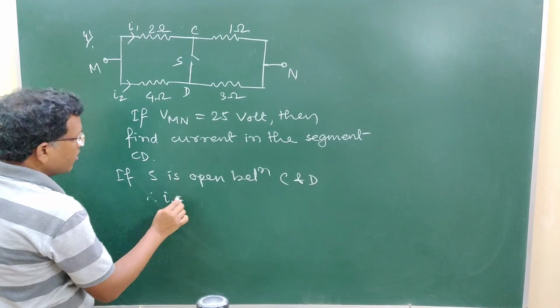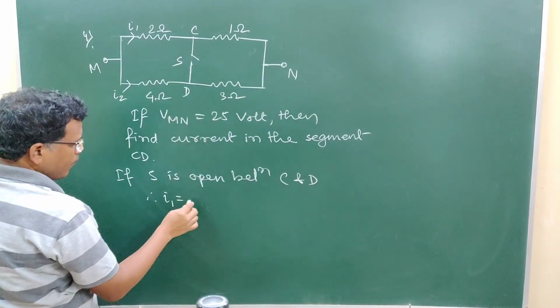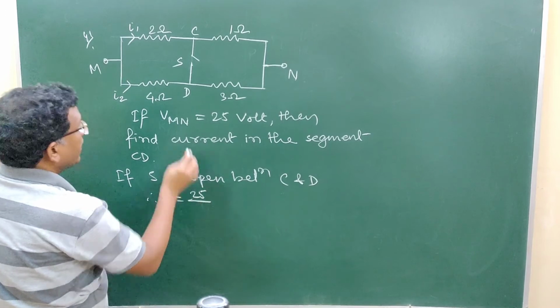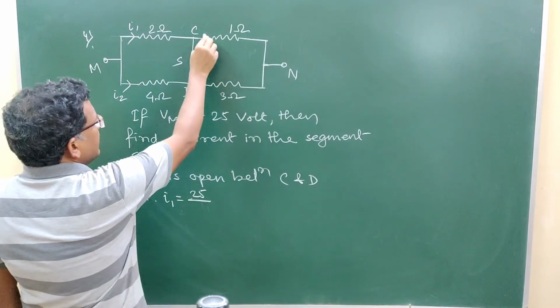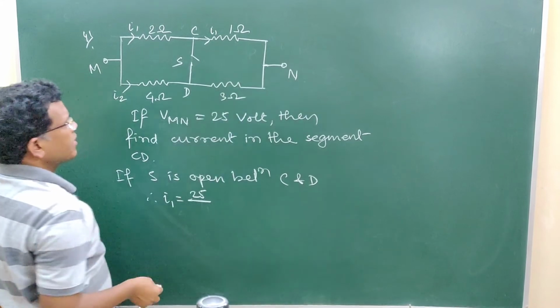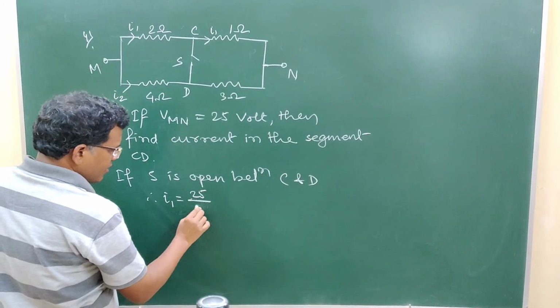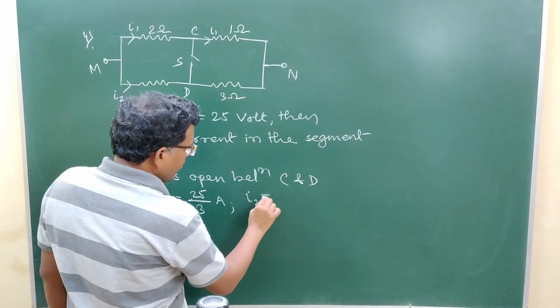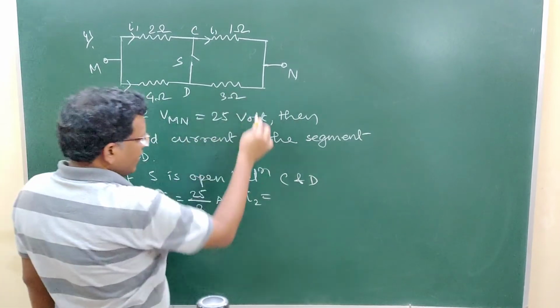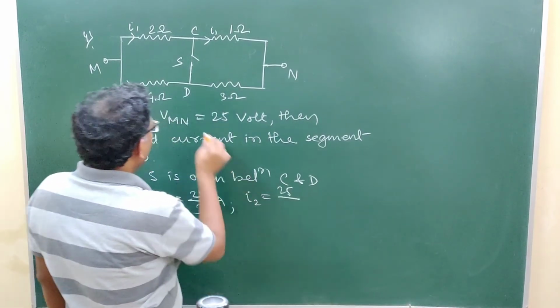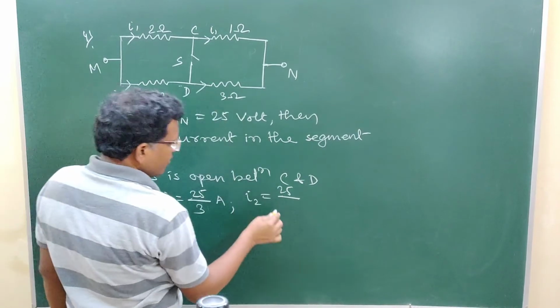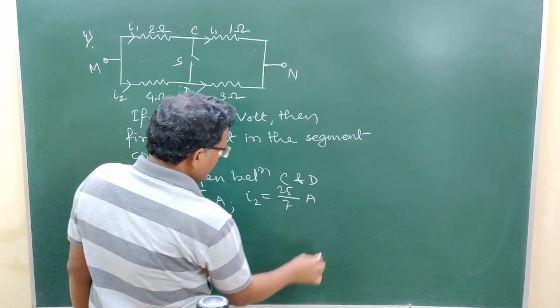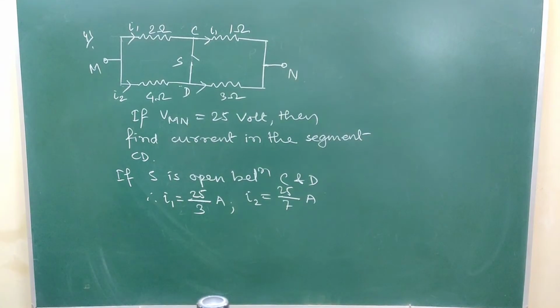So current I1 will be 25 divided by effective resistance. In that case they will be in series, so 2 and 1 in series means 3. This is the value of I1, and similarly the value of I2 you can calculate again due to 25 volt by the resistance, which is 4 plus 3, that is 7. These are the two values of current in the individual branches when the switch is open, right?